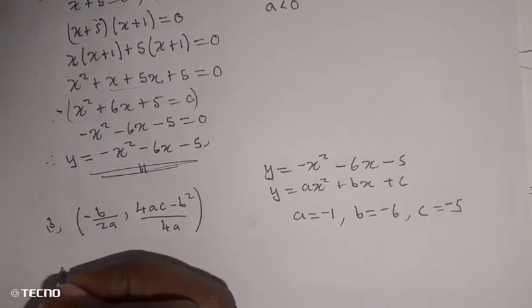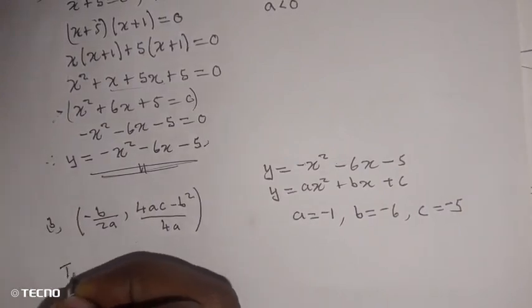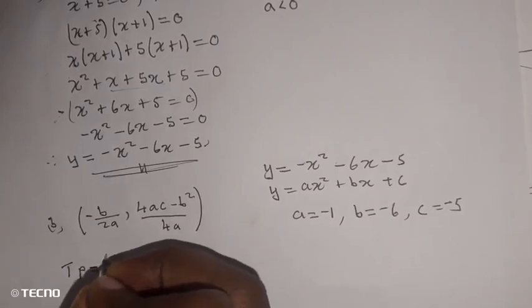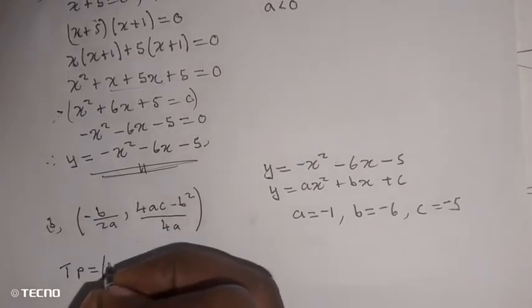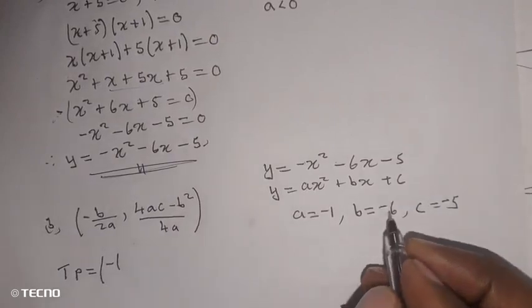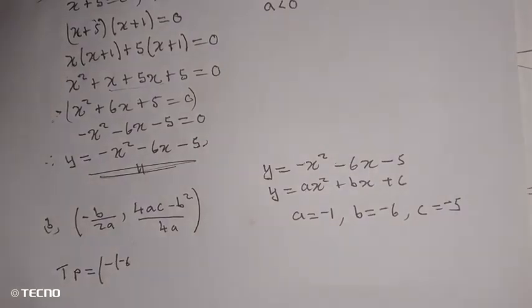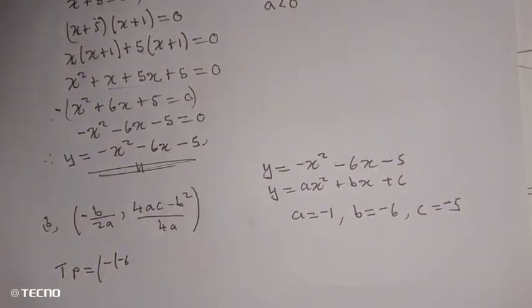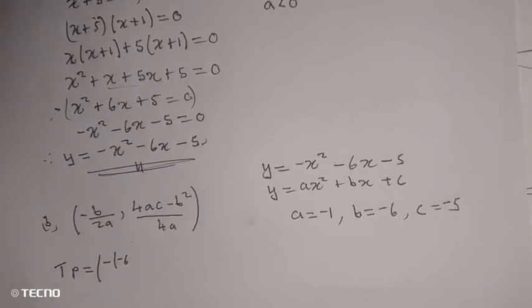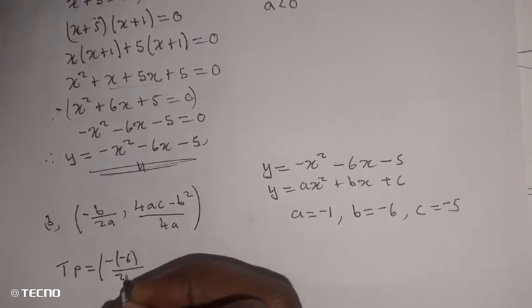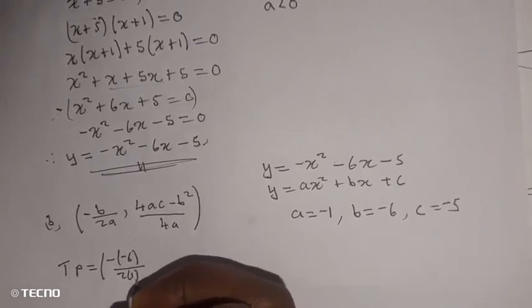So having this, we replace in the given formula. So we say, which is the turning point, TP is equal to negative, where there is b, we write negative 6. So here it's going to be negative 6, over 2 times a, which is negative 1.